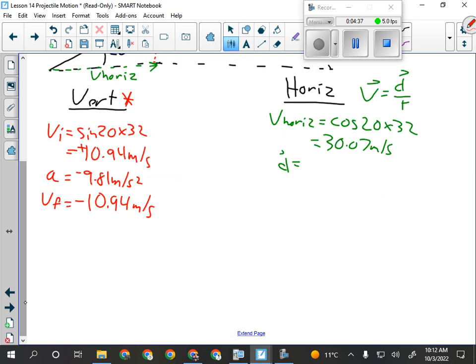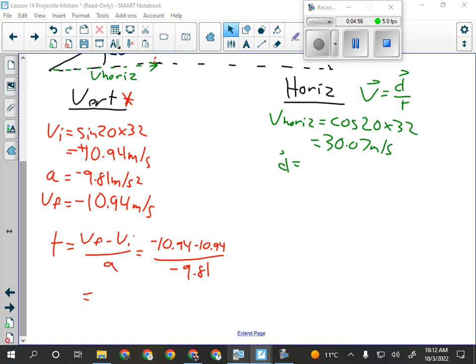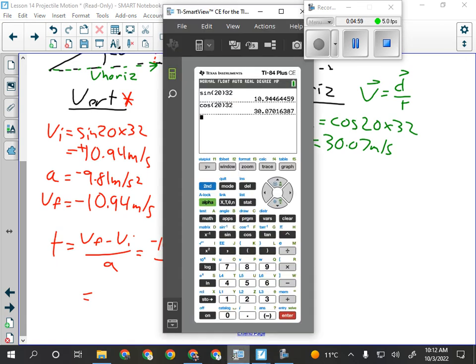So time will be VF minus VI over A. That'll be negative 10.94 minus 10.94, negative 10.94 times 2, divided by negative 9.81. I'm going to shortcut and take that number there. So the general E is in the air for 2.2 seconds.